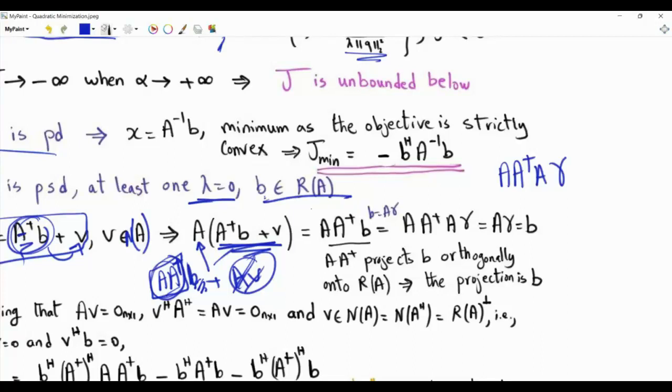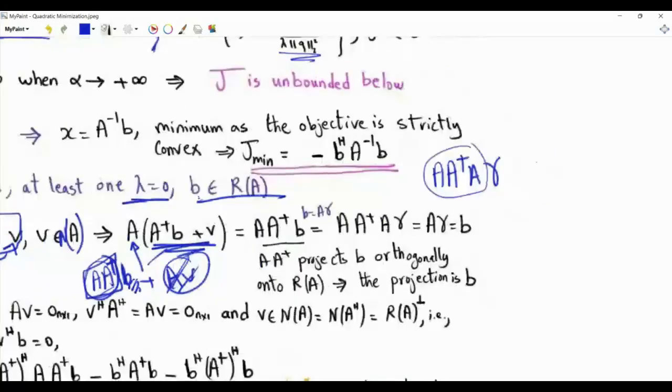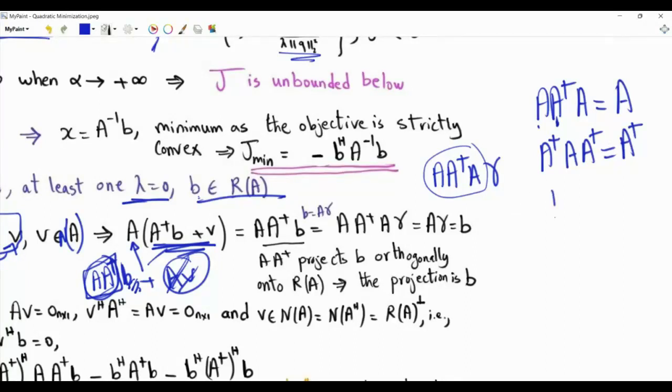This is the meaning that vector B is in the range of A. Then we know from the properties of the Moore-Penrose pseudo inverse, remember that there are four properties: A times the pseudo inverse of A times A gives you A. The pseudo inverse times A times the pseudo inverse gives you the pseudo inverse. And A times the pseudo inverse, and the pseudo inverse times A, must be Hermitian. These are the four properties that define the Moore-Penrose pseudo inverse.